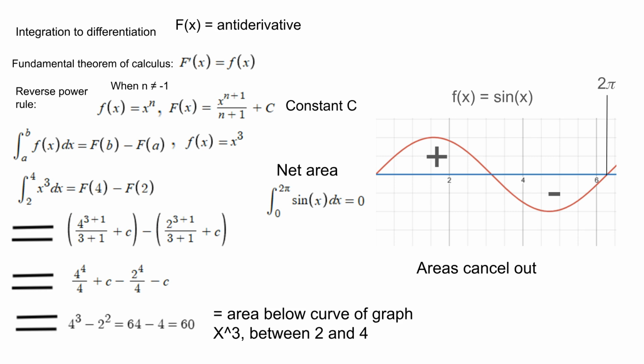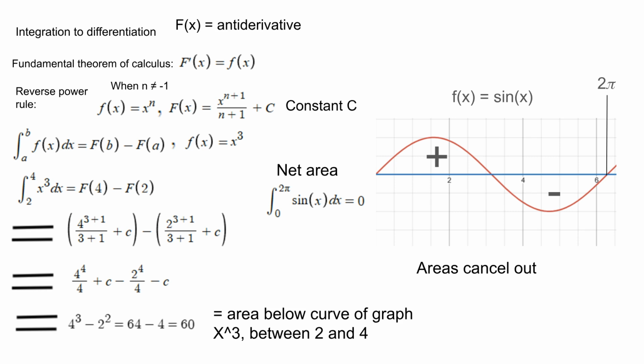We then simplify to get 4 to the power of 4 over 4 plus c, take away 2 to the power of 4 over 4, take away c. The c's cancel out, leaving 4 to the power of 3, take away 2 squared, which equals 64 take away 4, which equals 60, which is equal to the area.